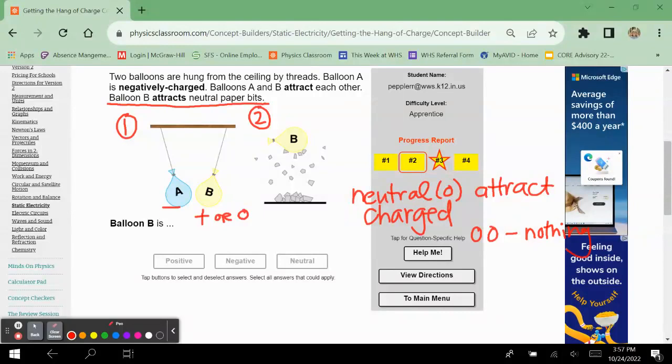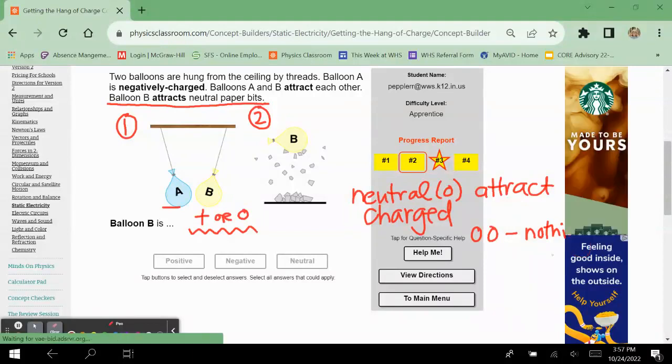Okay, so when we consider this, from our first bit of information, I know that B is positive or neutral. But now that I see that B attracts neutral paper bits, I know that it can no longer be neutral, and B has to be positive because it's attracting something that is neutral.